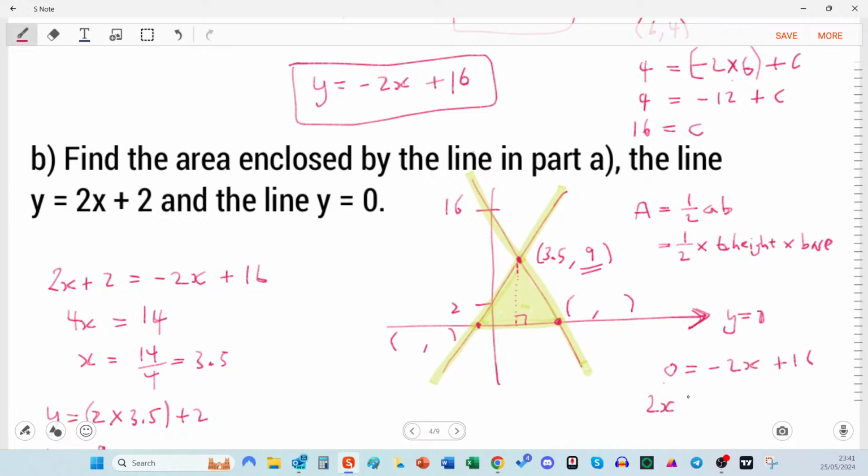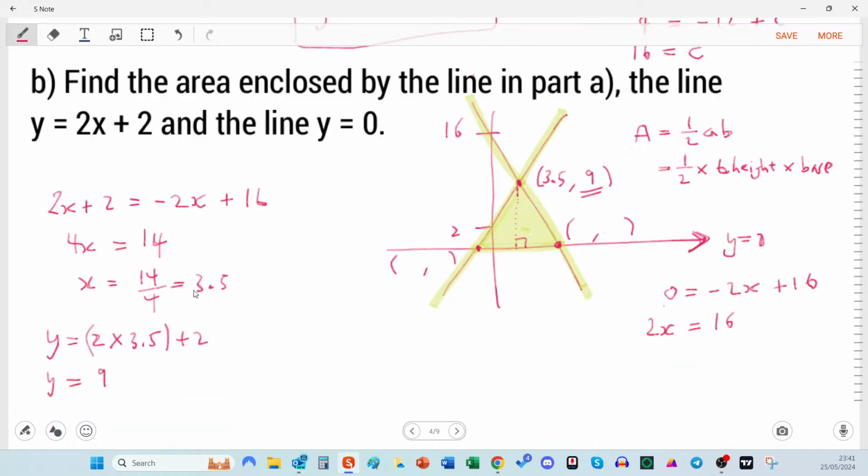Move plus 2x to both sides. Hey, x equals 8.